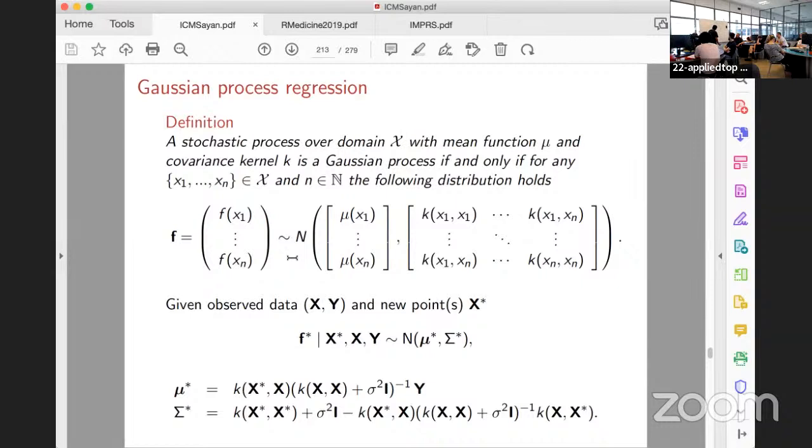I know x and y, right? And x star. Right, and let's say there's a y star, which I don't have. So what you can do is, because everything is multivariate normal, you can ask the question of the conditional distribution.